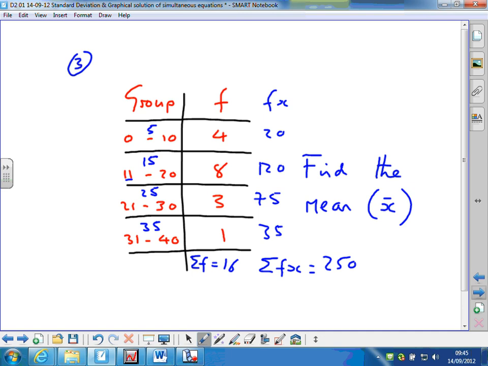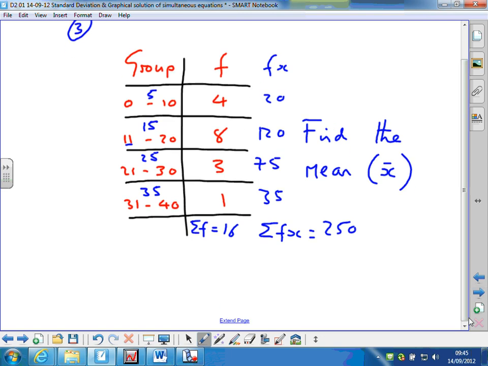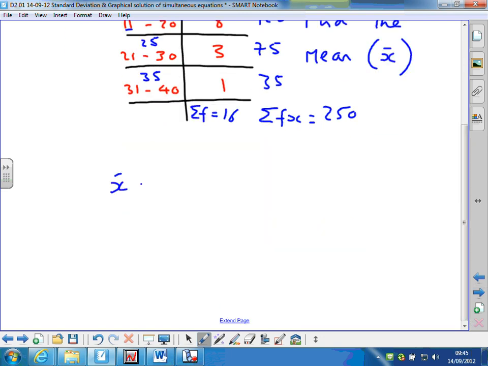So the mean is the sum of fx over the sum of f, 250 over 16, which is 15.63.